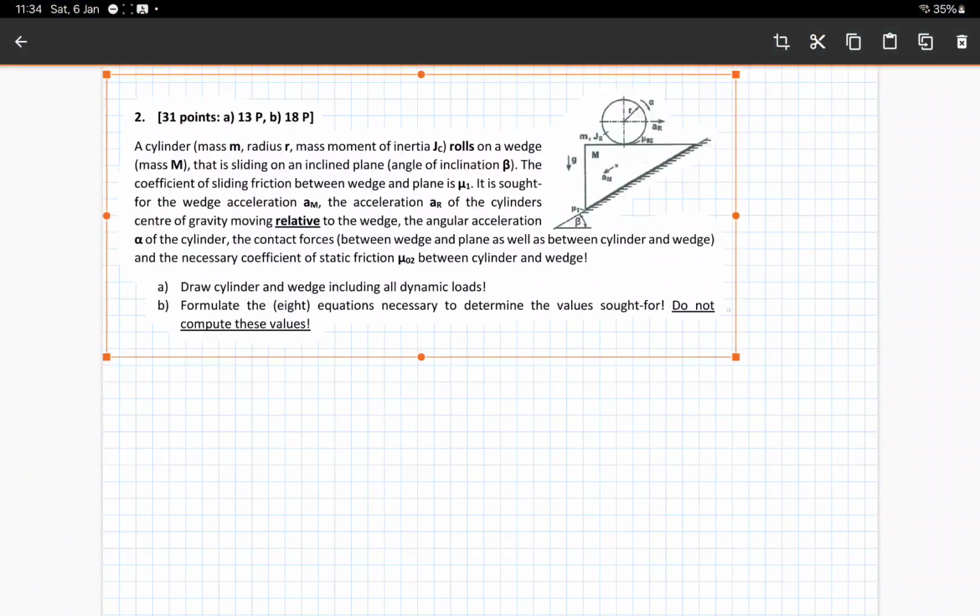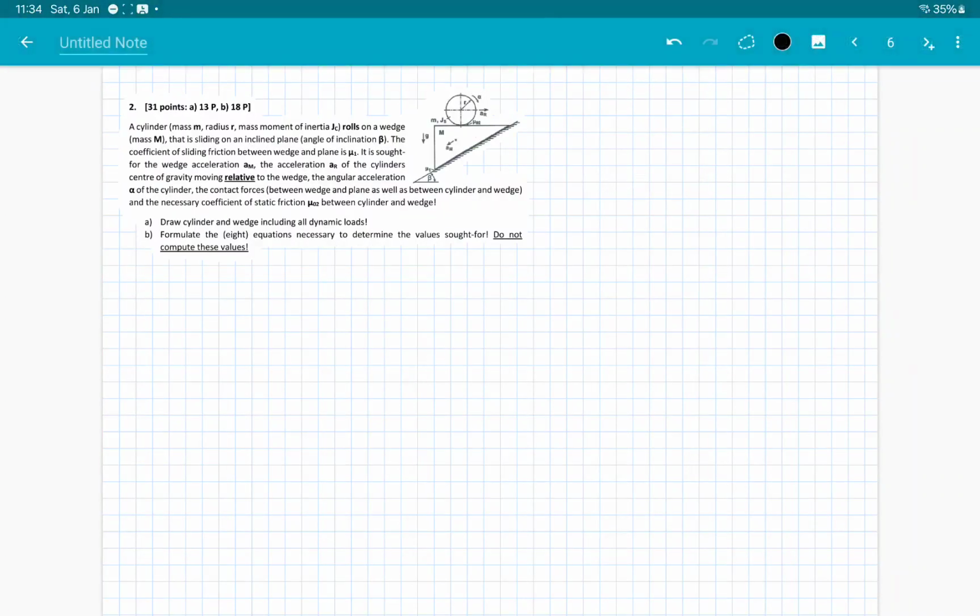So first of all, to start off with this question, we're going to read the question. It says here: a cylinder of mass m, lowercase m, of radius r, and a mass moment of inertia of Jc, rolls on a wedge of mass capital M that is sliding on an inclined plane at the angle beta. The coefficient of sliding friction between the wedge and the plane is mu1.